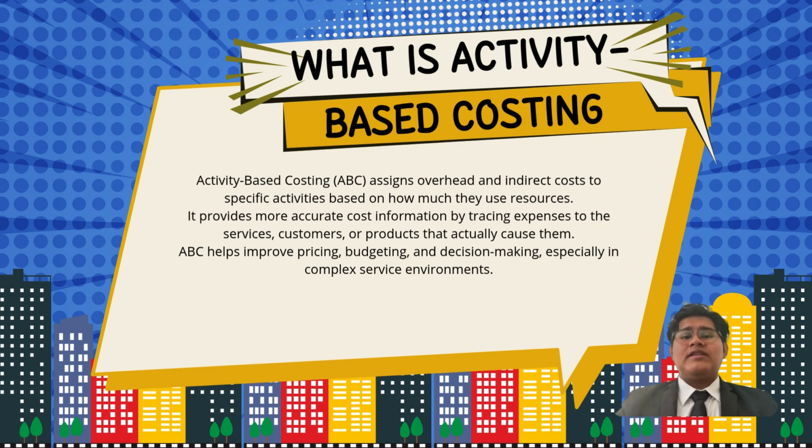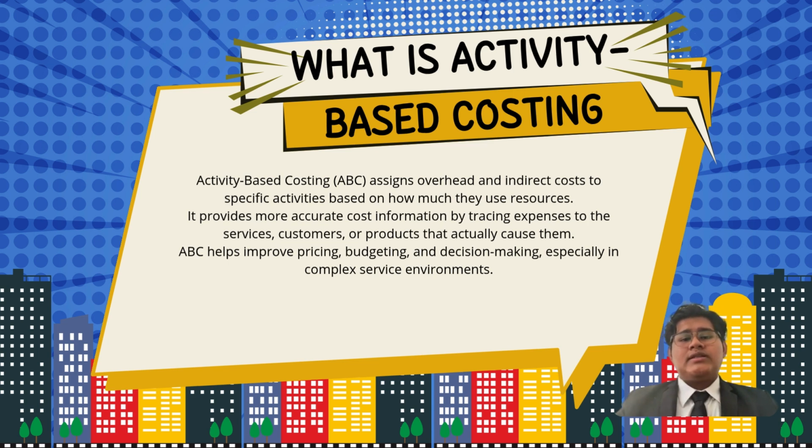What is activity-based costing? Activity-based costing or ABC is a costing approach that improves accuracy by assigning indirect and overhead costs to the specific activities that drive them. Unlike traditional costing method, which typically spread costs evenly using simple measures like labor hours, ABC breaks down the organization operations into detailed activities such as processing customer requests, performing quality checks, or managing accounts.